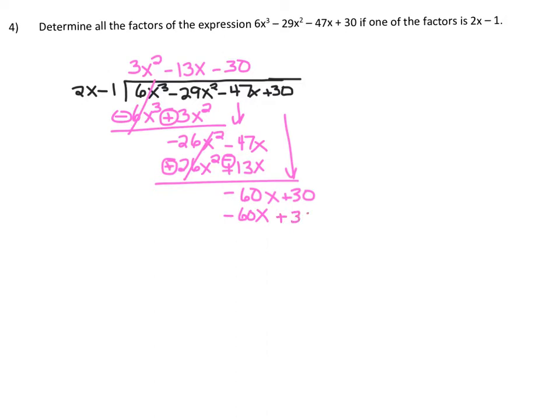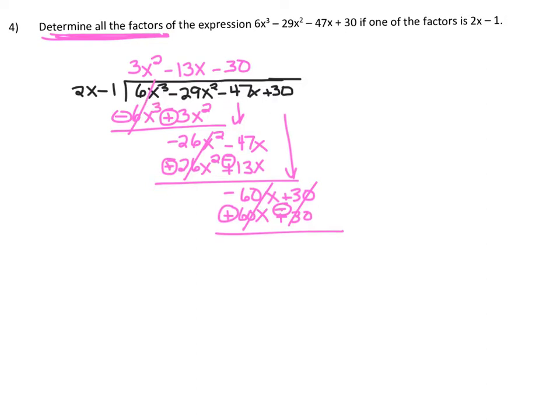We got it to work because look at this. When we subtract, when we change our signs and circle, look at that. Everything cancels. So we end up with no remainder. Now we're not done because it said determine all the factors. We know that 2x minus 1 is one of the factors. But aren't factors what multiplies together to give us this original expression?